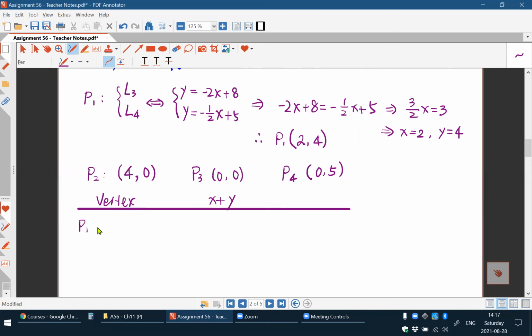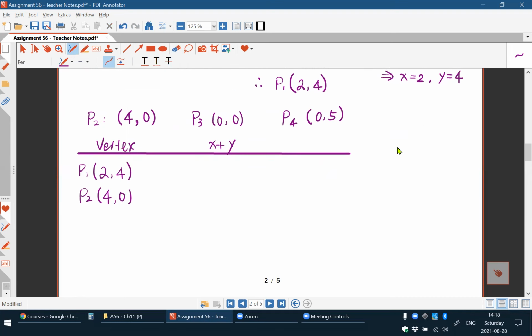First vertex is P1, coordinates (2, 4). Second, P2, (4, 0). Third, (0, 0). Fourth, (0, 5), right?